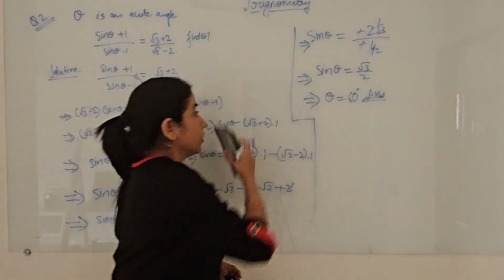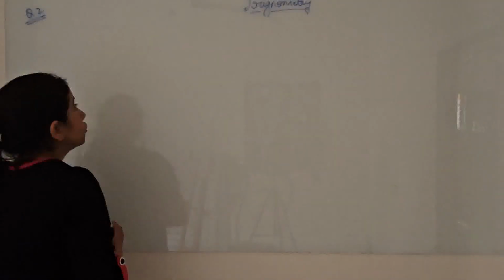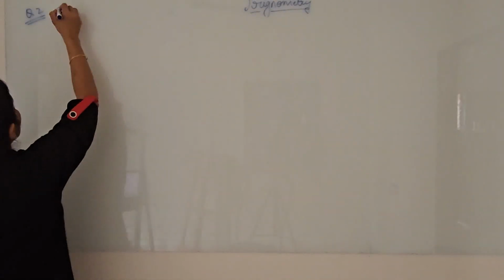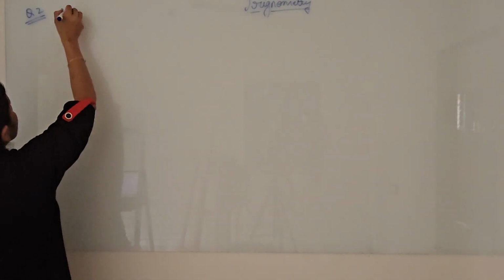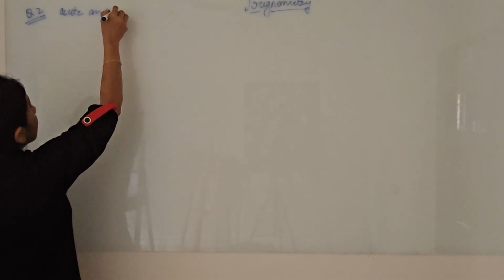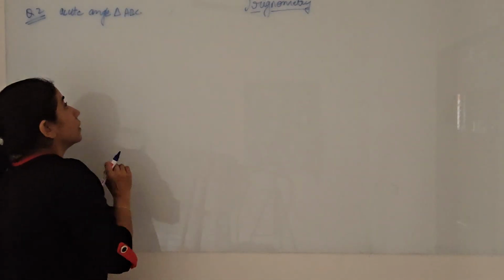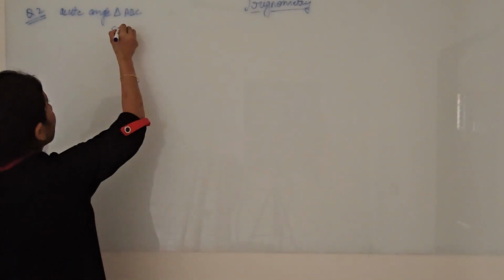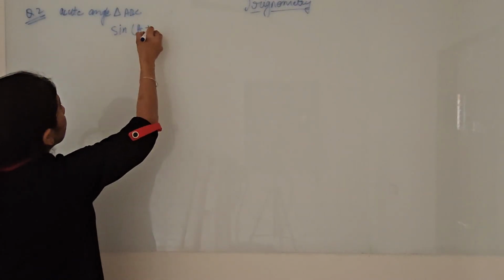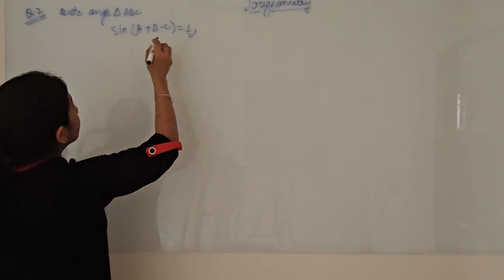In this question theta is asked, and so here it is. Okay students, now my question number 2. It is saying that in an acute angled triangle ABC, the relationships which are given are: sine of (A plus B minus C) is equal to half.